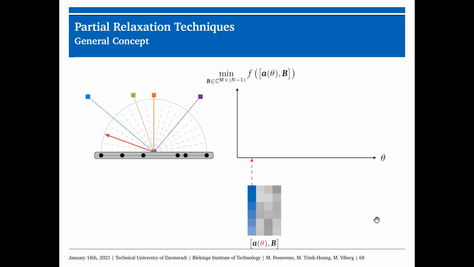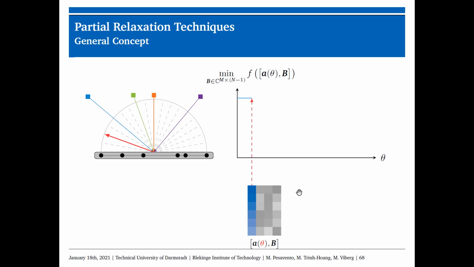We can illustrate the concept of the partial relaxation framework, or PR in short, in the following figures. Say, for a given candidate direction denoted by the red arrow here, we fix the first column of the steering matrix. Then we have to find the relaxed part B such that the cost function is minimized.